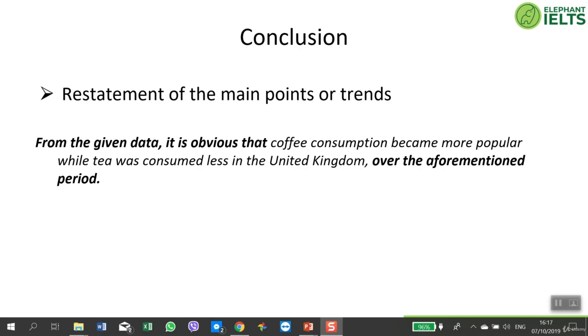So you see, we have summarized what happened. At the beginning, tea was more popular, but at the end, coffee became more popular. And again, look how we talk about the period: "over the aforementioned period." And remember, all of this vocabulary is on your useful language page.